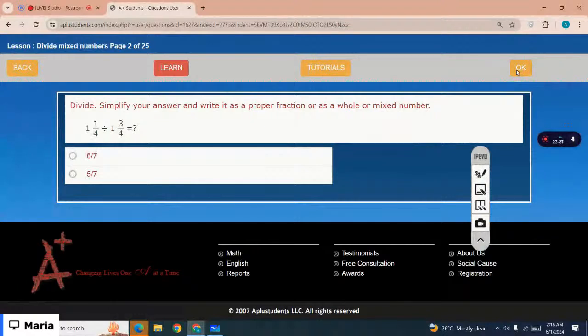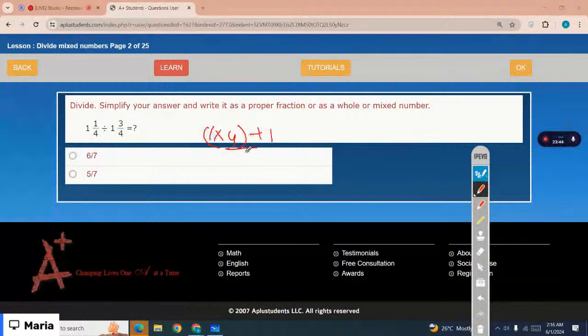You have to convert them into improper fractions: 1 times 4 plus 1 over 4, right? Then 1 times 4 plus 3 over 4. That is 5 by 4 and 7 by 4.